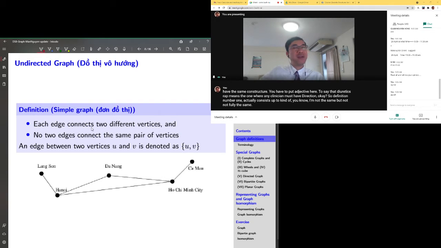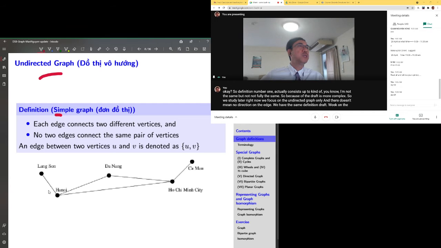Because the directed graph is more complex, we study it later, right? Now we focus on the undirected graph only. Undirected means no direction on the edges. We have the second definition, defined on any undirected graph. We call it the symbol graph.